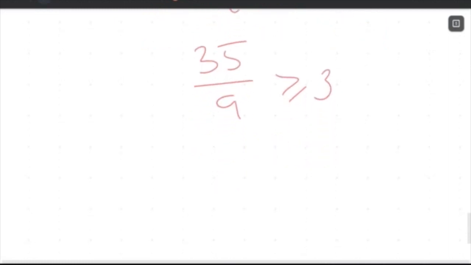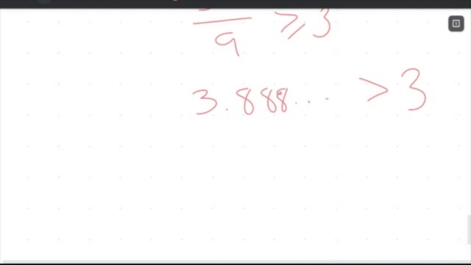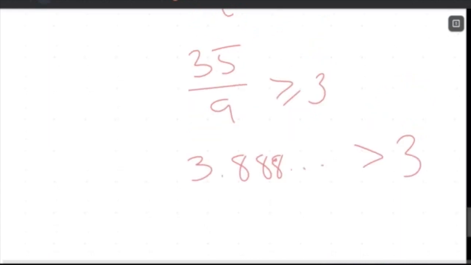This gives me roughly 3.888 repeating. Now, is this greater than 3? Well, it's a decimal, but it is still bigger than 3. And this is how we can apply our inequality to check.